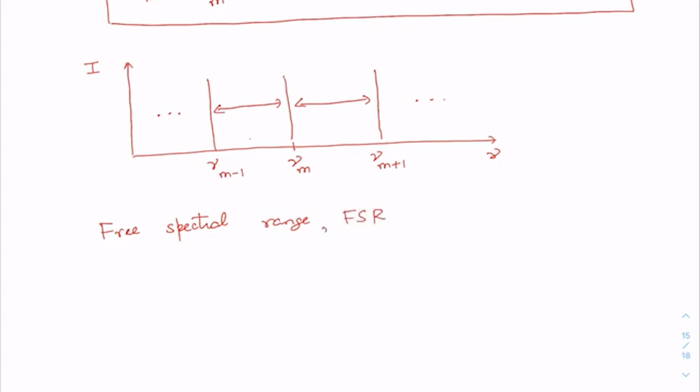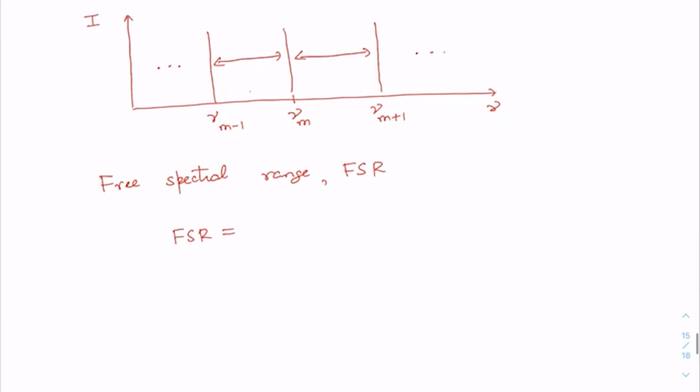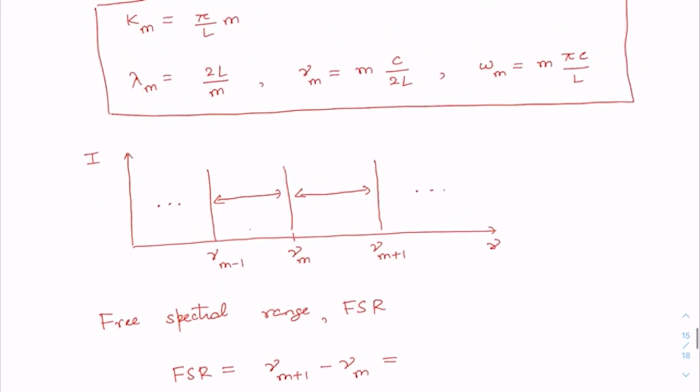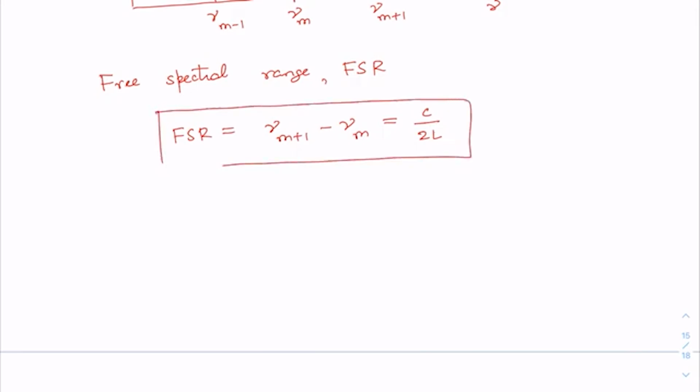This quantity is of immense significance, and it is simply the frequency spacing, so nu_m plus 1 minus nu_m. From this relation, you can easily see that this would be simply c divided by 2L. This is an important quantity, and it is worth remembering, the FSR.